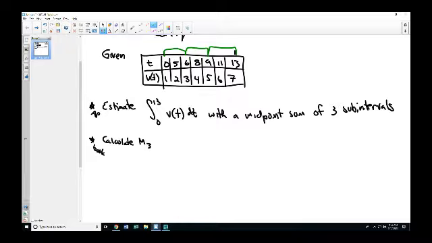It is 6 units wide. How tall is it based on the middle number? 2. There's your height. It tells you midpoint, so pick the middle. So 6 times 2. So your rectangle is 6 wide, 2 tall. Okay?